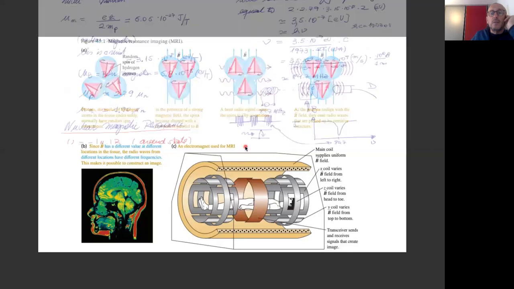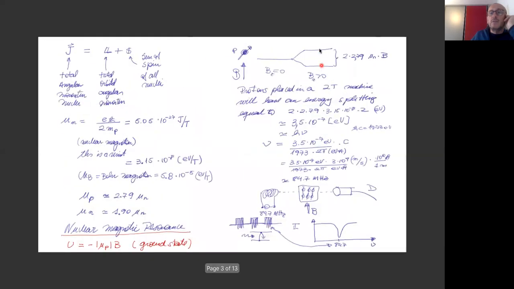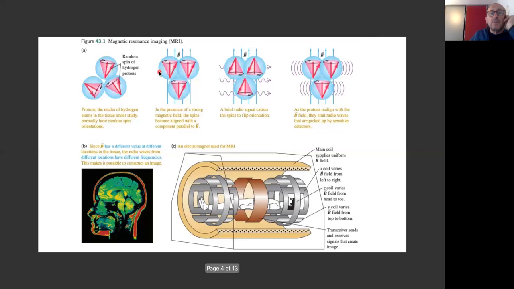What is the right energy? Well, it is the energy difference between that and that. So you can align the spins, and then you can flip the spins by shining in radiation. This is the frequency of the radio, so it's a radio frequency.